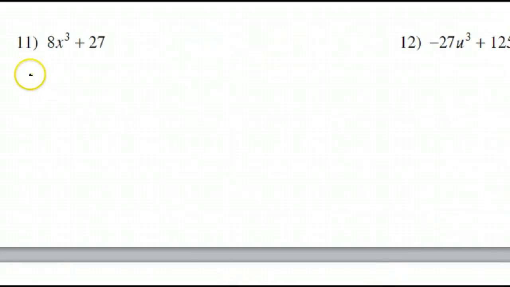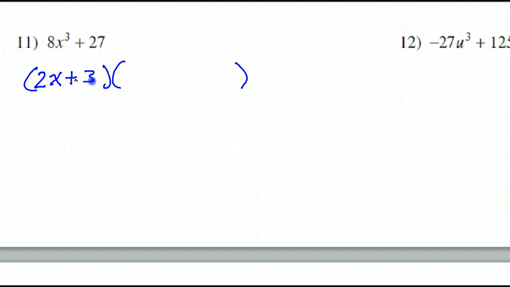All right, number 11, I'm going to have a binomial and a trinomial. The root of 8 is 2, and the root of 27 is 3. So I'm going to have 2x plus 3. All right, it's the root of all of these things. Now, if I square 2x, in other words, I'm thinking like 2x times 2x, right?